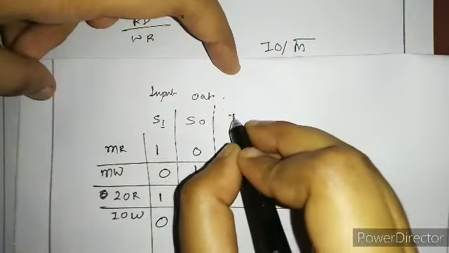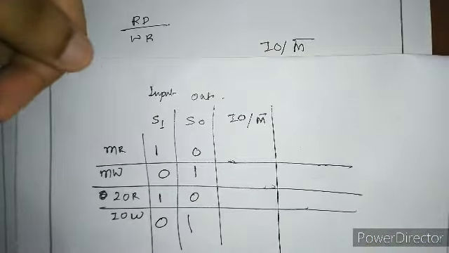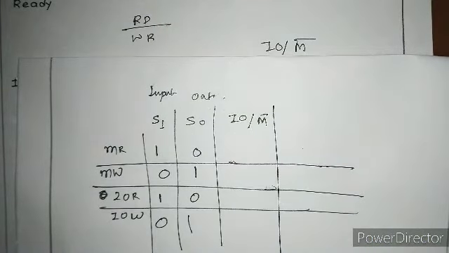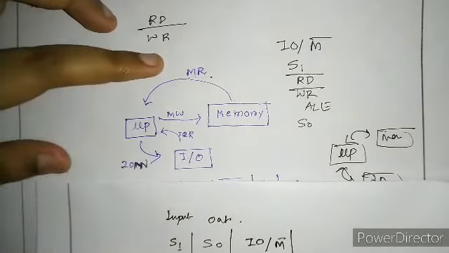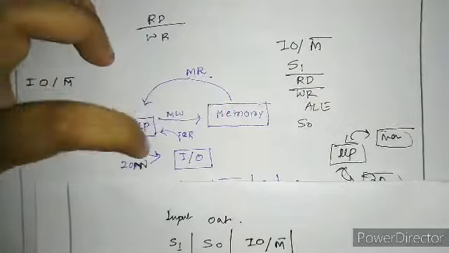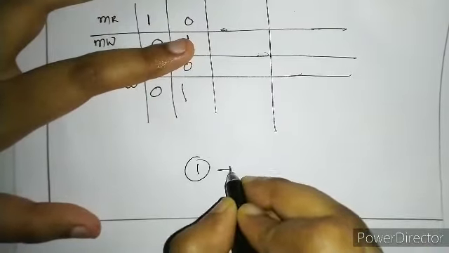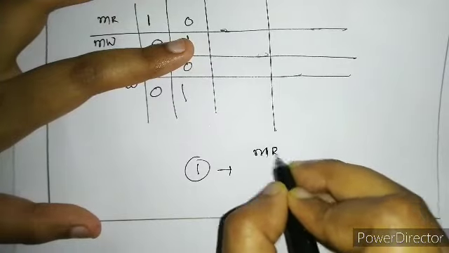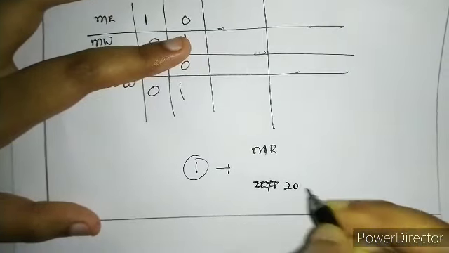Now there was another pin, IO/M bar. A person with even 1% sense of humor can understand this. See, the MUP can operate on both memory and IO. Suppose I produce a signal 1 for both MR and IO.